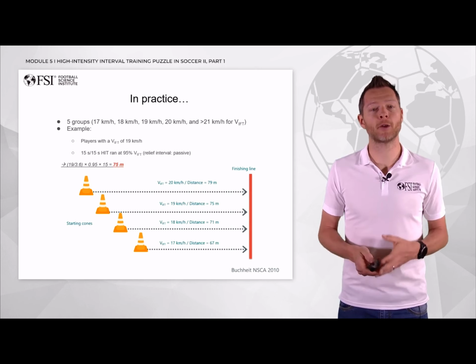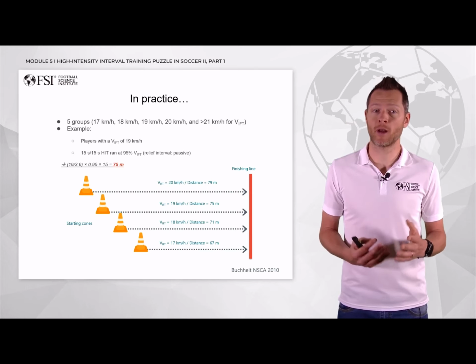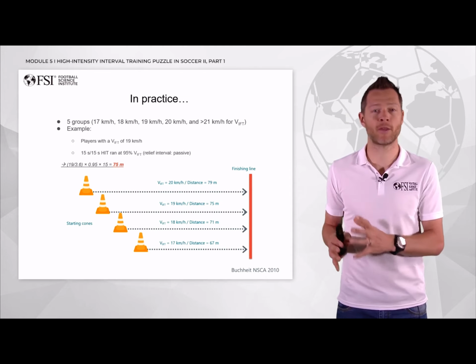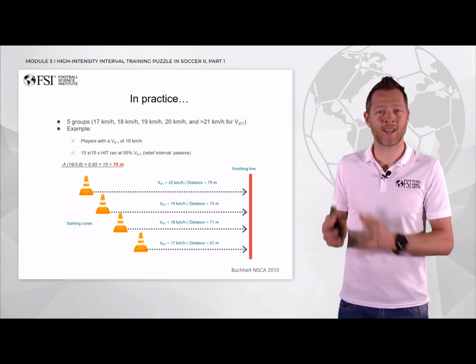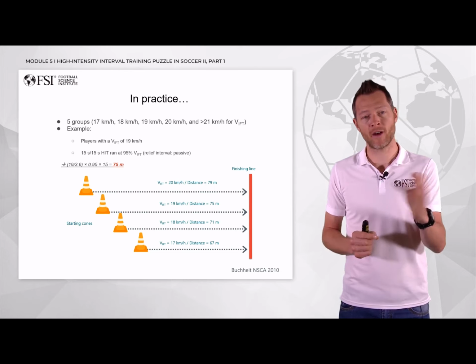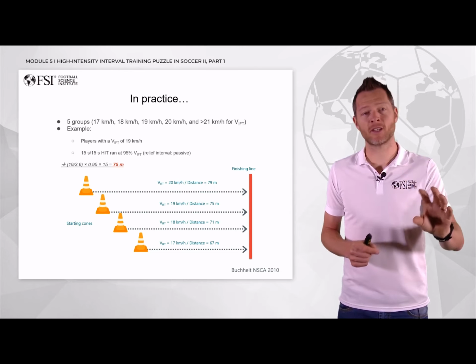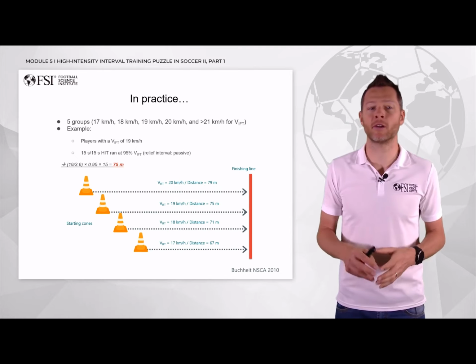So in practice, how do we implement those short intervals? As we discussed a lot in the first part, using the final speed reached at the 30-15 is pretty easy. We just then need to group the players again based on their fitness results. And in that example, we have 5 groups, for example, players that finish the test around 17, 18, 19, 20, or 21, or even more.